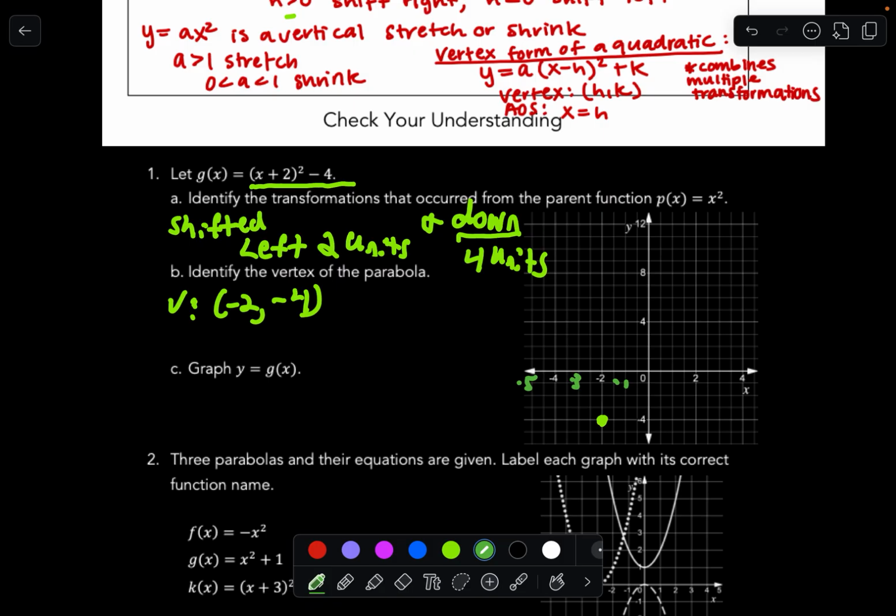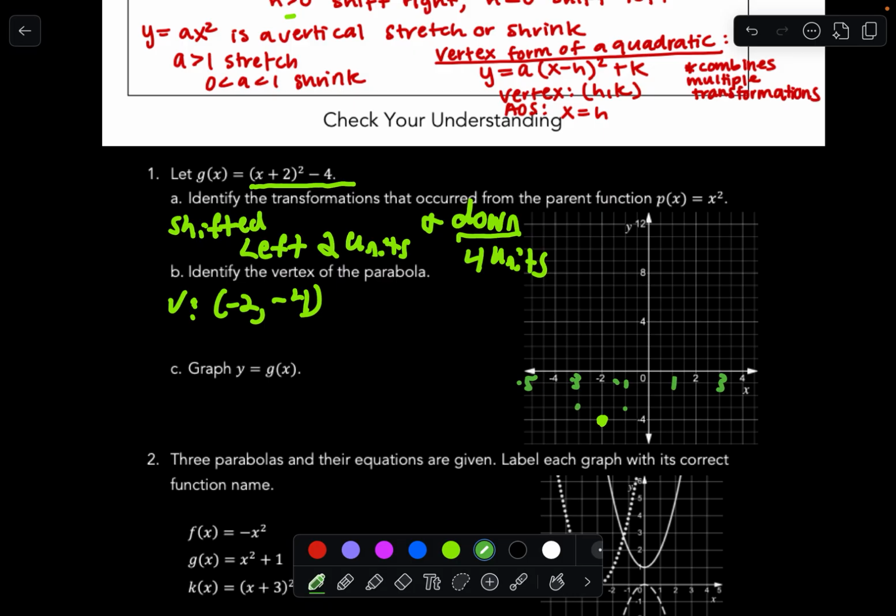And we have 1, 2, 3. All right. So, now from the vertex, we go over 1. 1 squared is 1, and we go up 1. So we will be over 1, up 1 would be right there.